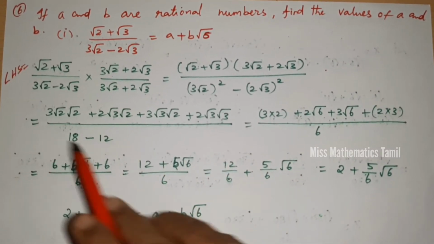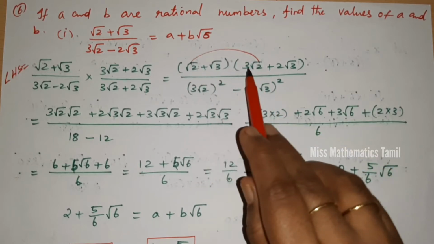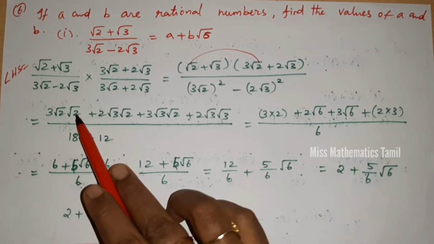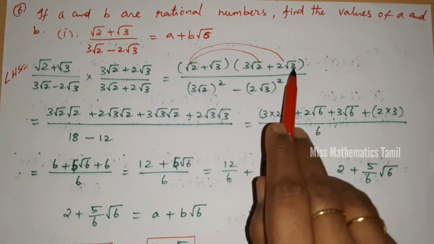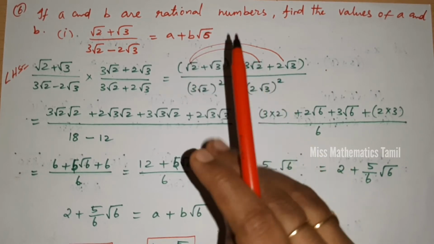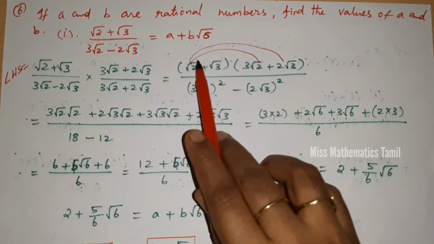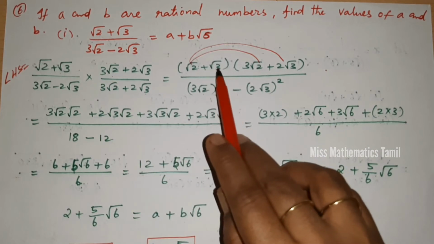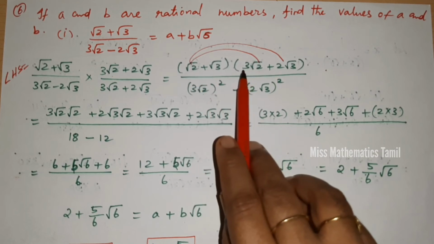Next step, we have to multiply this root 2 into 3 root 2, next root 2 into 2 root 3. Carefully we have to do. So after multiplying we will get 4 terms, right? Using root 2 we will get 2 terms here. After that using root 3 again we will get 2 terms, right? So totally 4 terms will come.